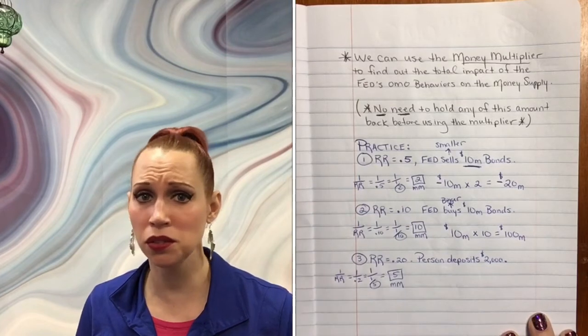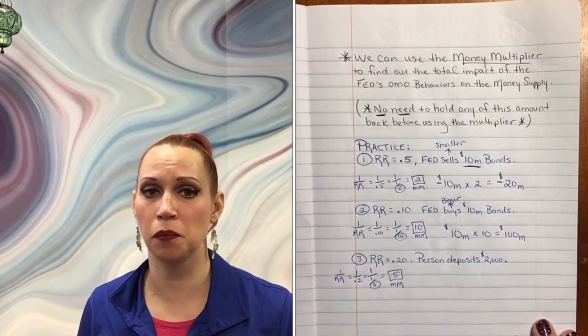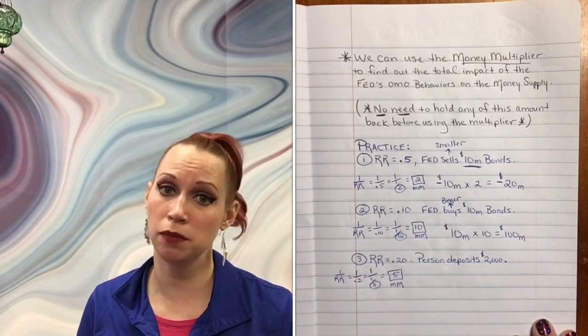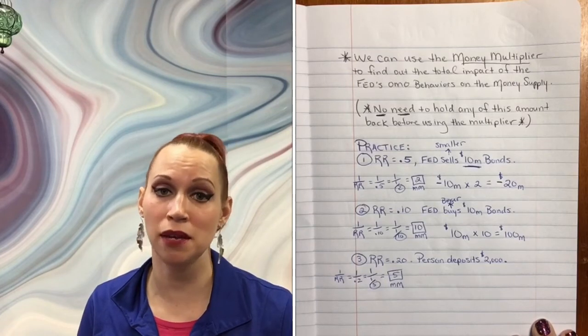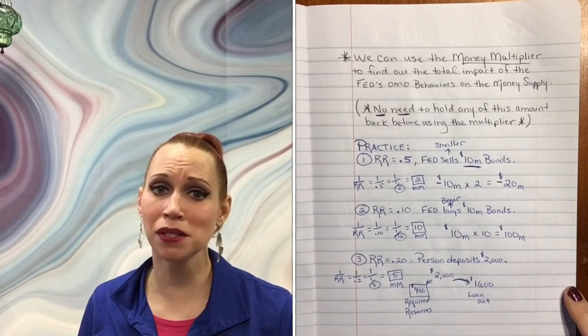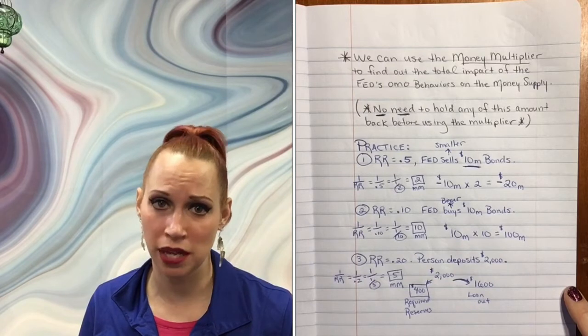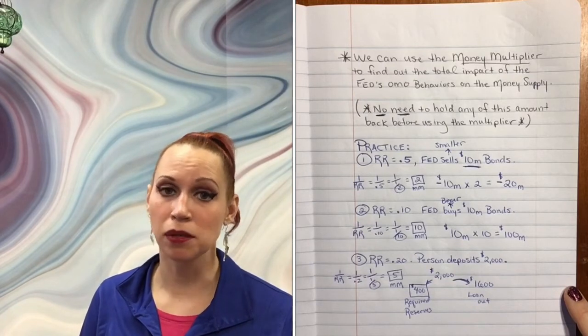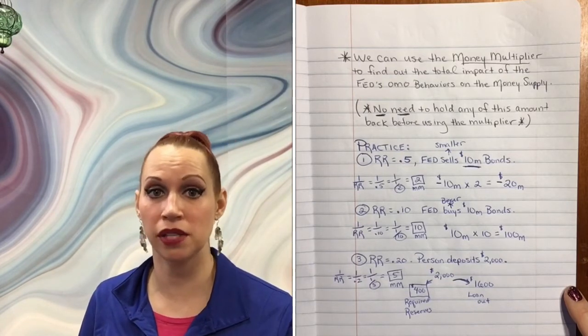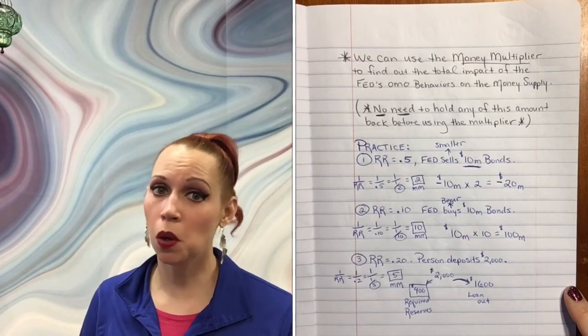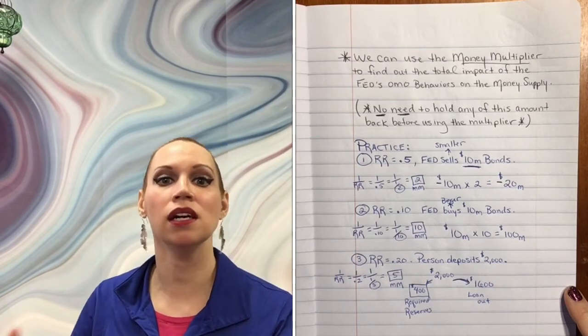Now, we're not going to do the whole $2,000 that the person deposited times the money multiplier of 5 to get the impact on the money supply, because the bank can't lend out the entire $2,000. The bank has to keep 20% of that $2,000. So the bank can really only lend out $1,600.